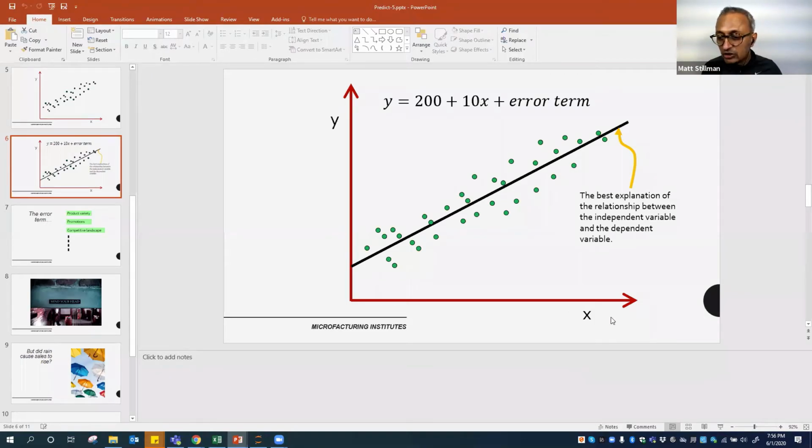Given a product, the lower the price, the higher the volume, kind of a thing. So it could be any of those things where you have some independent variables which are causing your dependent variable to change, to go up and down.